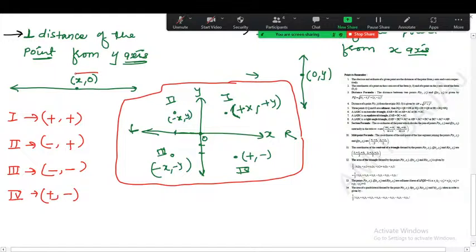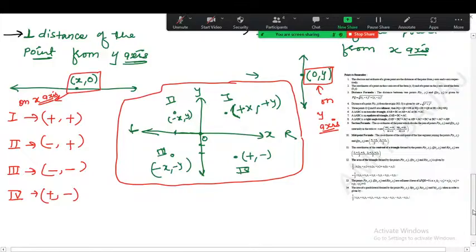If it is on the x-axis, it looks like this. If a point is on the y-axis, it looks like this. That is why it is possible for us to explain about a point.